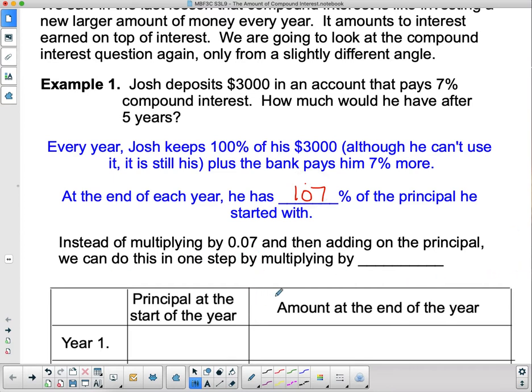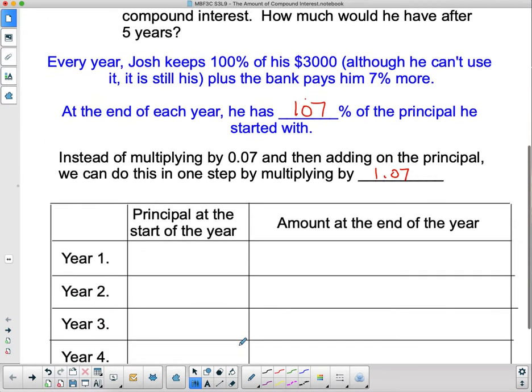So instead of multiplying by 0.07 and then adding on to the principal, we can do this in one step by multiplying by 1.07.